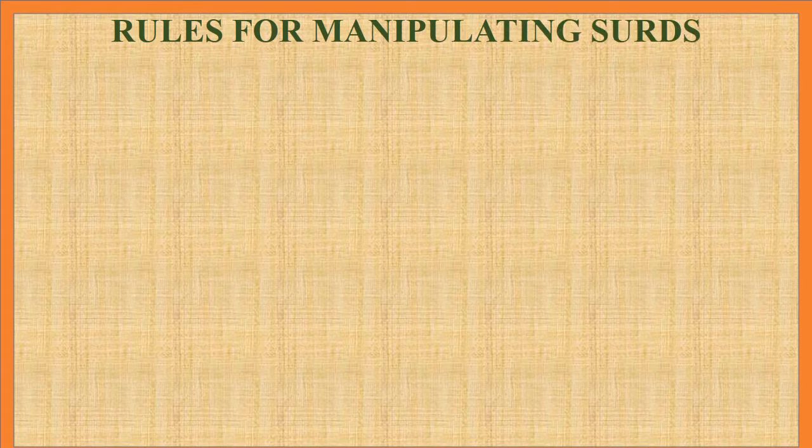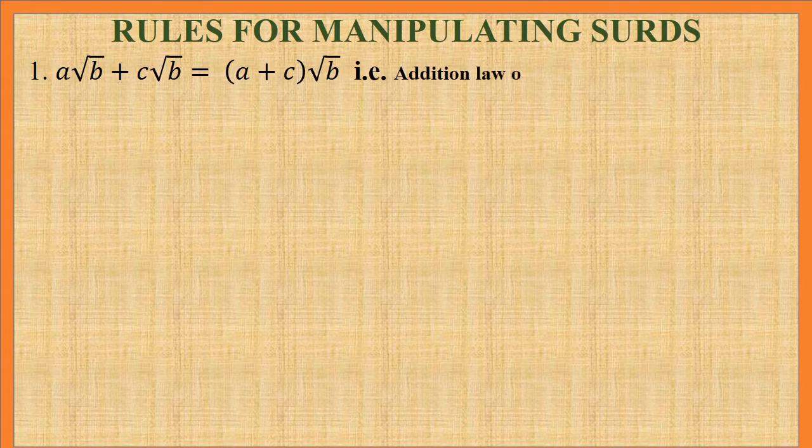Now let's consider some rules when manipulating surds. The first one is when you have a root of b plus c root of b, this will be equal to a plus c, that is root of b.